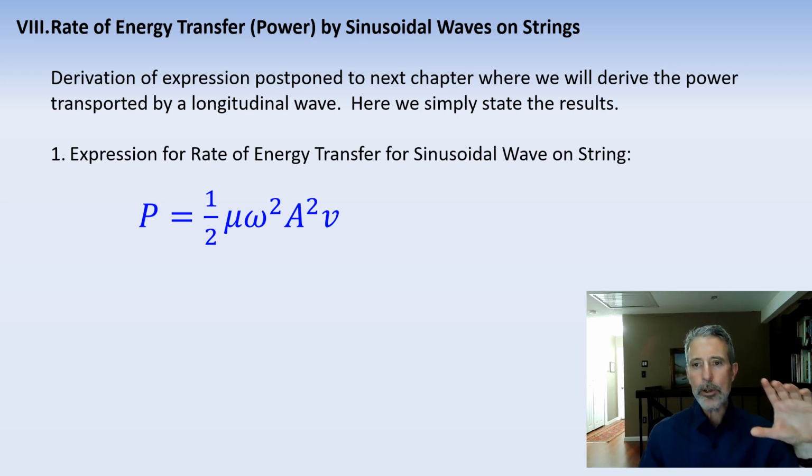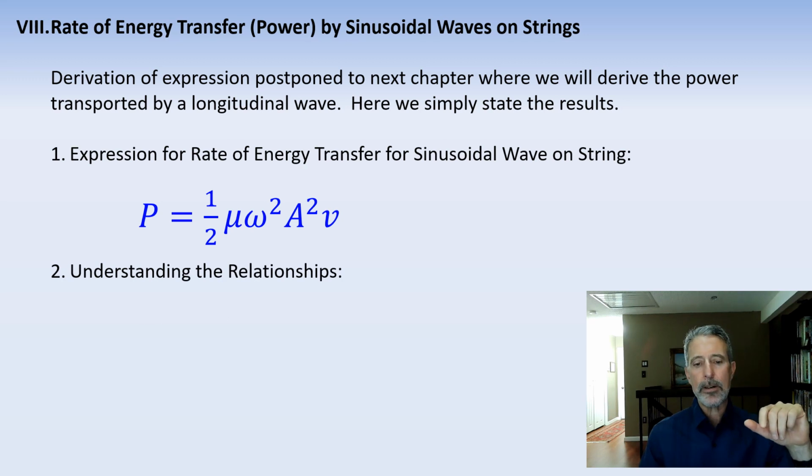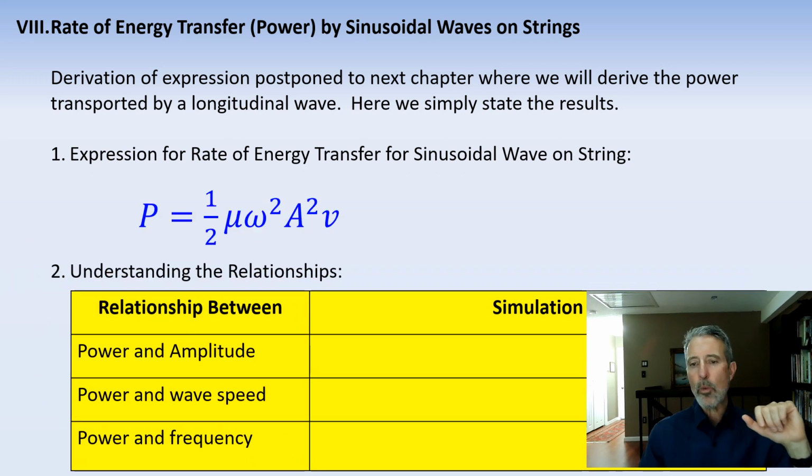So what we want to do, if we're not going to derive this relationship, we at least want to understand it. And so we're going to take a look at the simulation in the next slide, where we'll try to make sense of these relationships. In particular, we're going to look at the relationship between the power of the wave and wave amplitude, between the power of the wave and the wave speed, and between the power of the wave and the wave frequency.